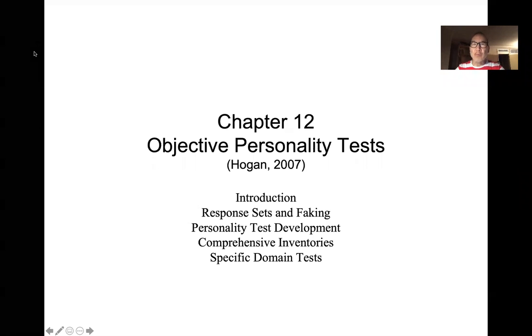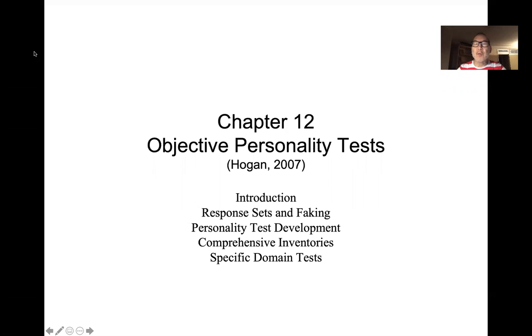Alrighty, so today we will be talking about objective personality tests. We've been touching on this area a number of times through the semester, but let's just have a thorough discussion of it now. We will be talking about response sets and faking, which objective personality tests are really well designed to assess.